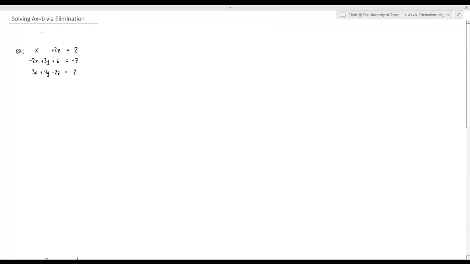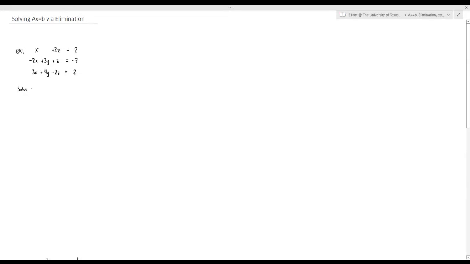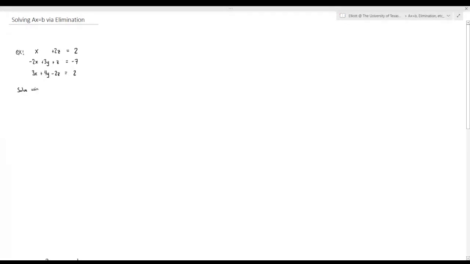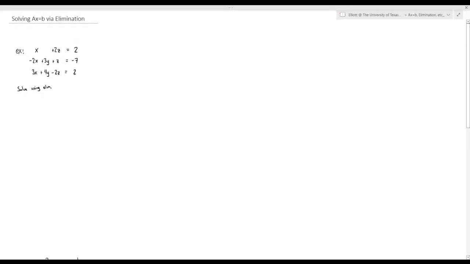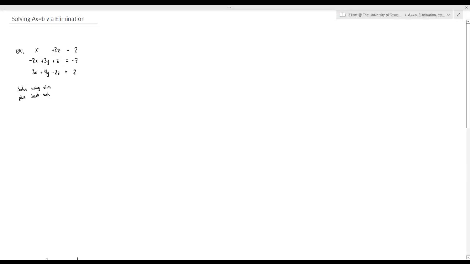So right now I have this system of equations, and the first thing I wanted to do was just solve it using elimination, plus the back substitution after that, okay?